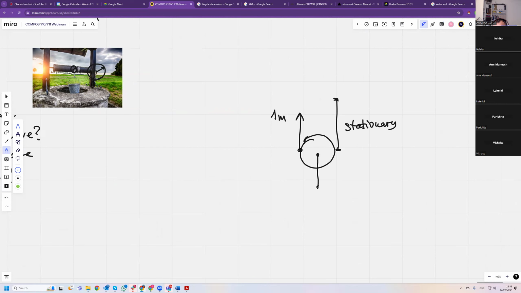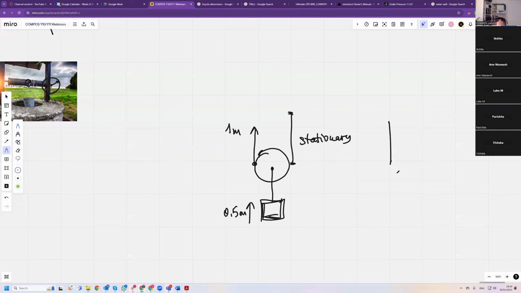How far does the central mass move? It moves 0.5 meters.